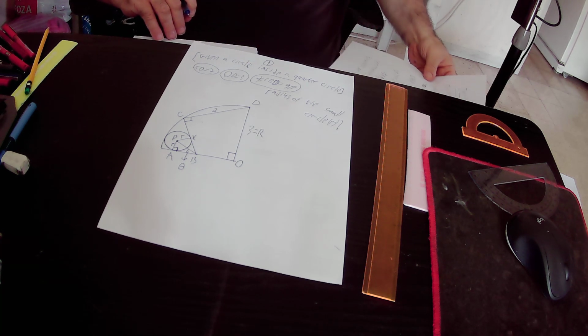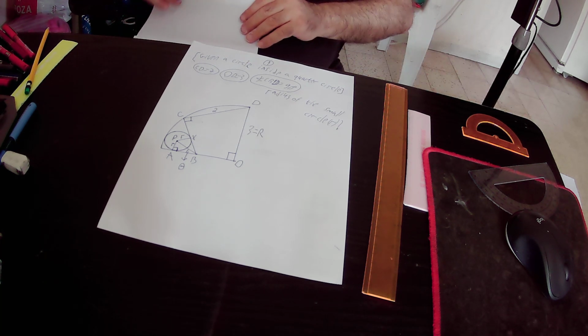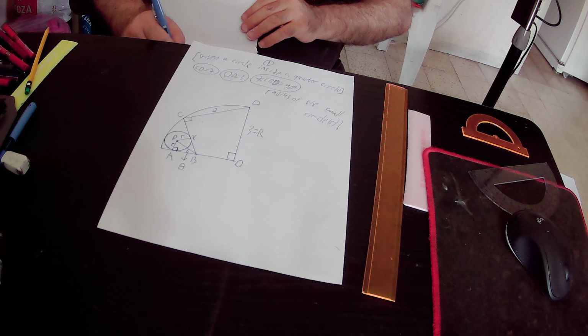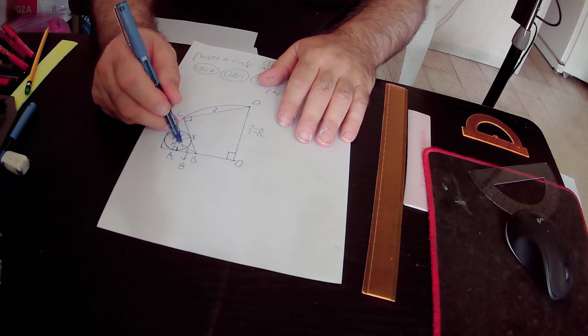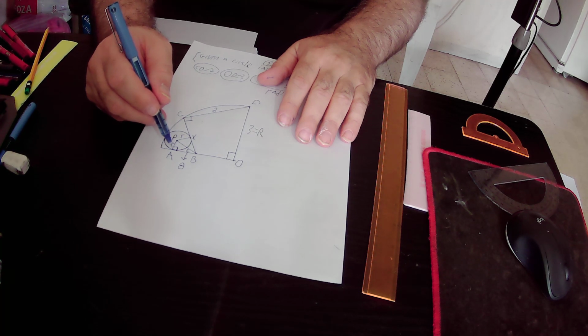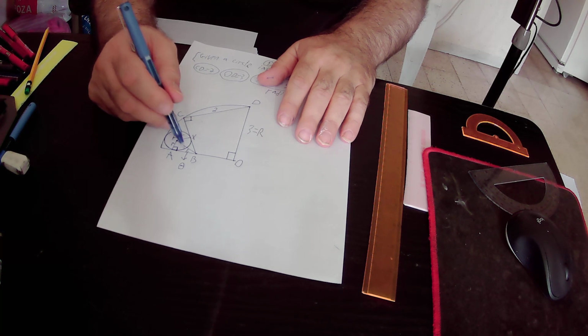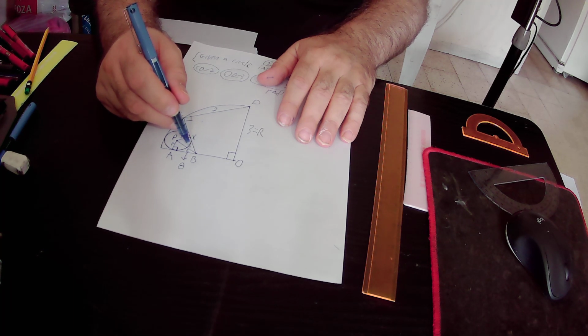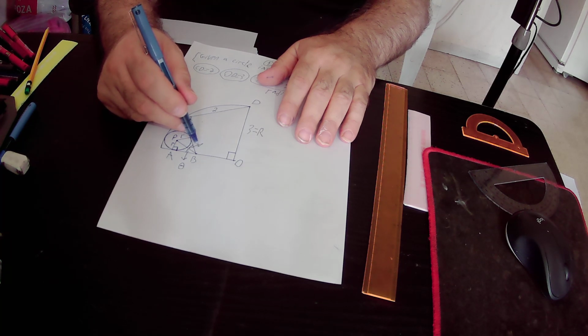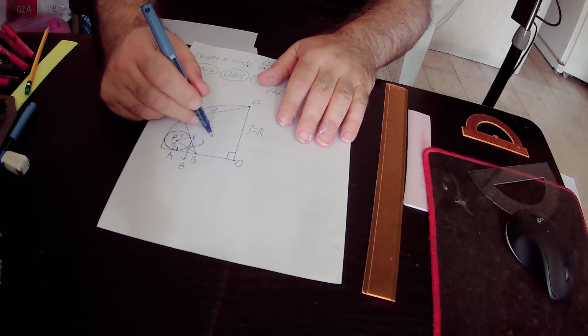Okay, so actually we know that, according to our definition, angle PBA is equal to theta, so angle PBX will also be equal to theta because those two angles are equal to each other.